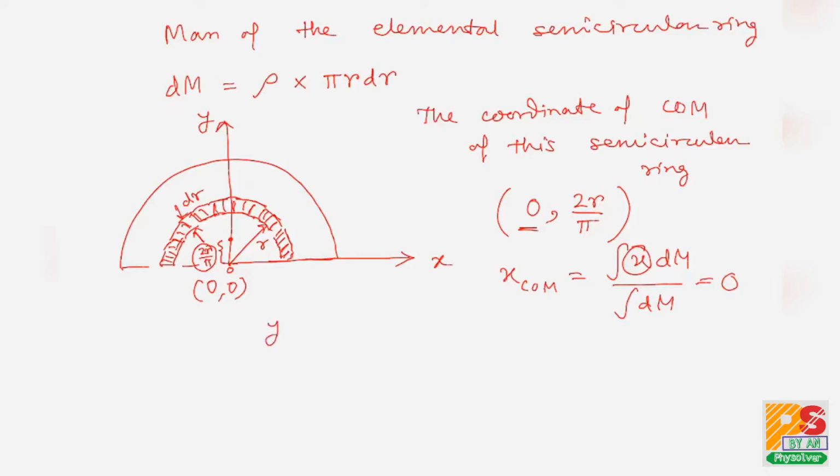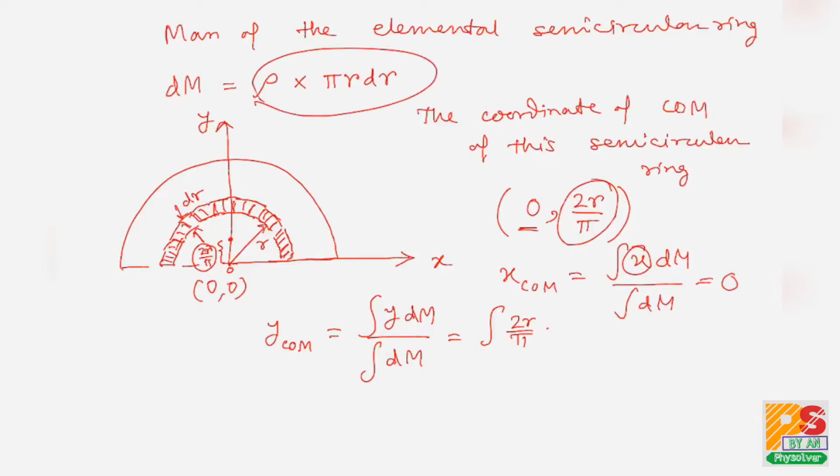Now we have to calculate y of the center of mass. This is integration y dm divided by integration dm. Now what is y? y is this 2r by pi. Putting the values, 2r by pi into dm. dm is here rho into pi r dr, divided by integration rho pi r dr. Now let's take out the constants.